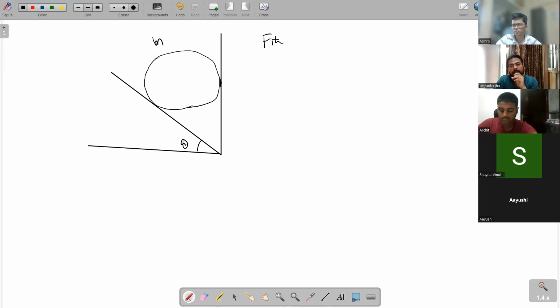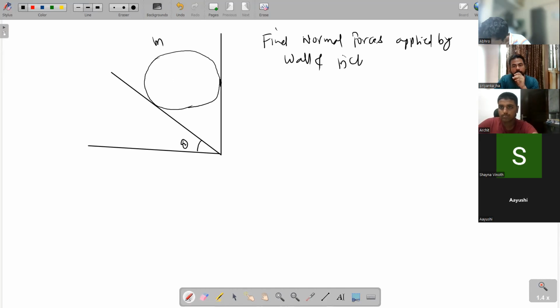You have to find the normal forces applied by the wall and the inclined wall, if the spherical ball is kept at rest.